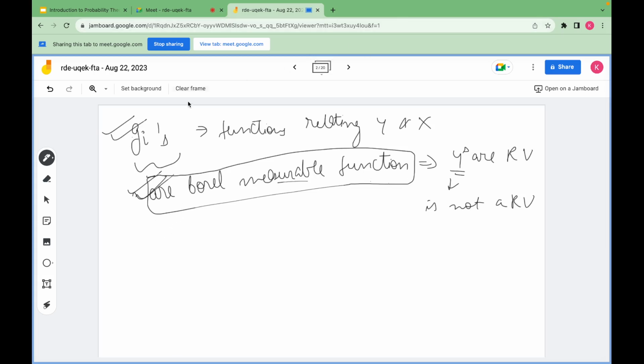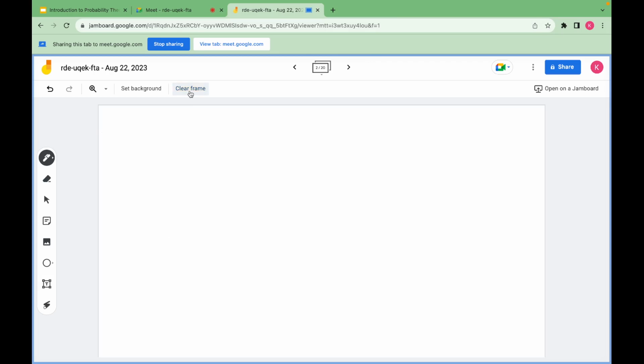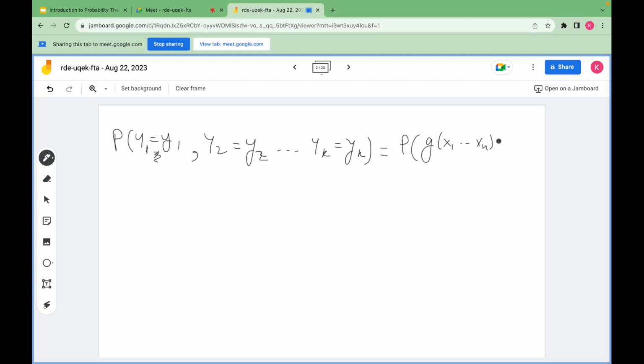Now we will see how to calculate the distribution for these unknown y's. So let's take the probability that y1 is equal to small y1, y2 is equal to small y2, and yk equals small yk. This is nothing but the probability that g(x1 till xn) is equal to y1, the probability that g(x1 till xn) is equal to y2, and so on.